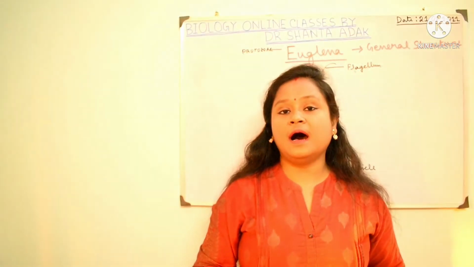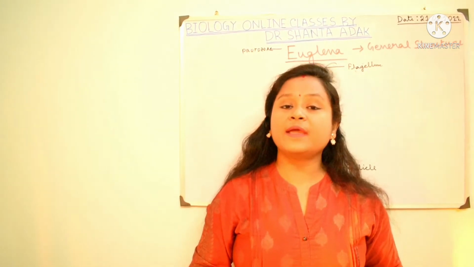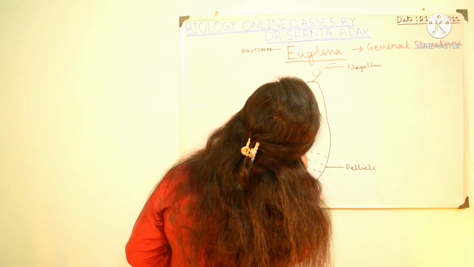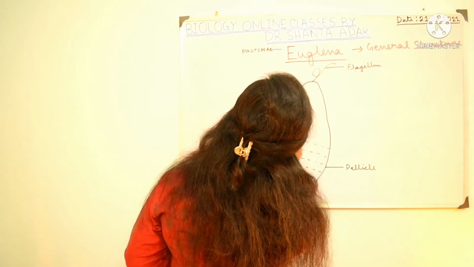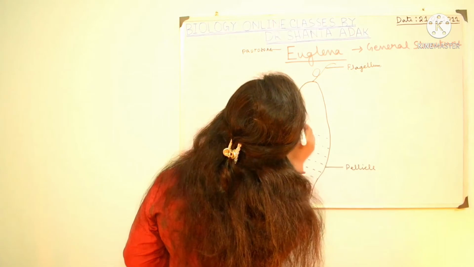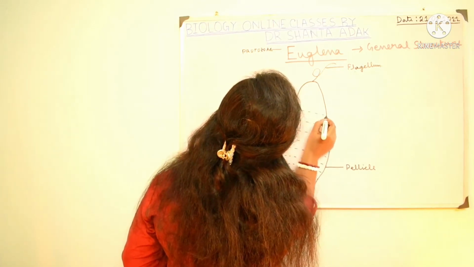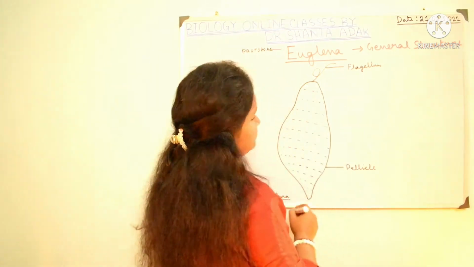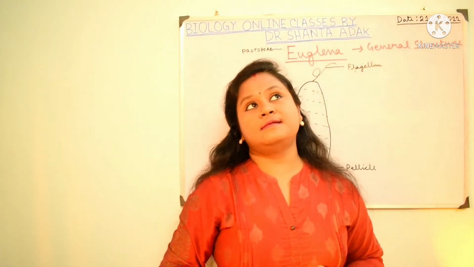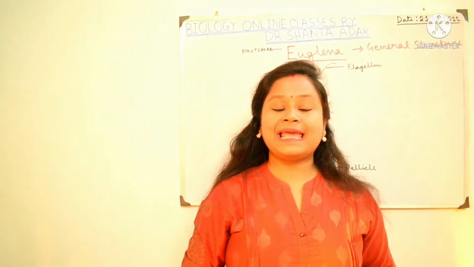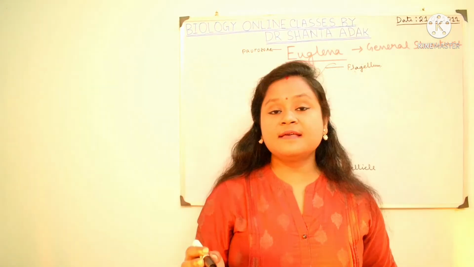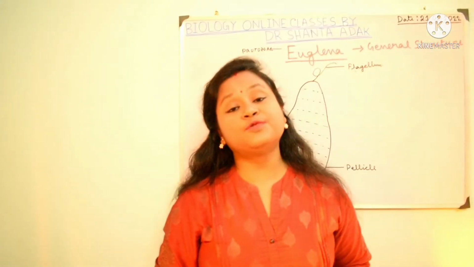These striations are known as myonemes. Some pellicle is made up of outer epicuticle and inner cuticle, and of these the epicuticle is continuous with the cytopharynx.